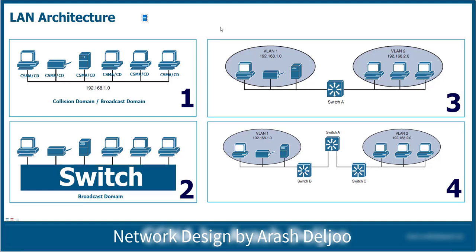But maybe you heard before that in the old days we had some topologies such as the bus topology. This is the bus topology, the oldest topology of the network, and today we don't use it.